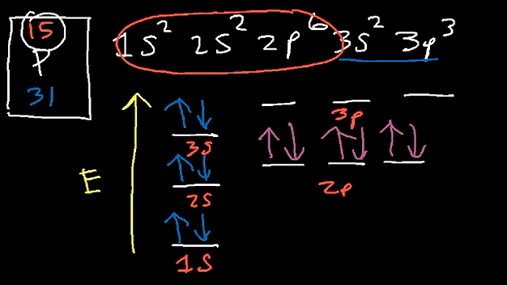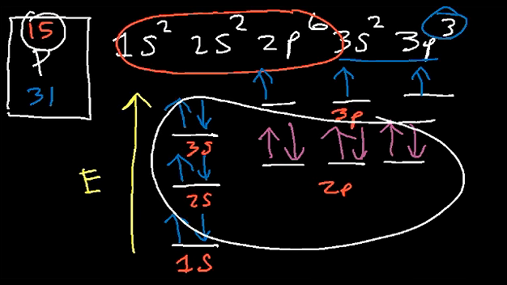So we have to add electrons to orbitals one at a time with parallel spins. So 1, 2, 3. Now that we reach 3p3, we're going to stop there. So we can see that this element has 3 unpaired electrons and 12 paired electrons.